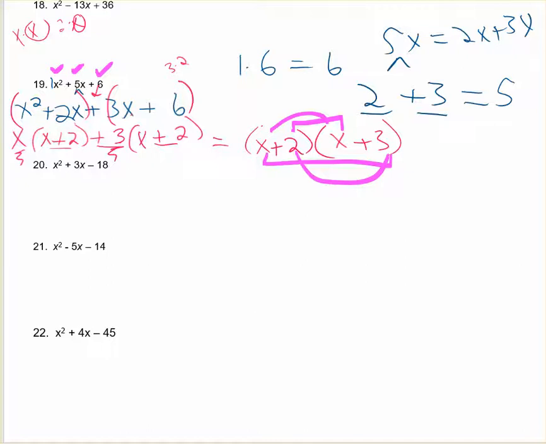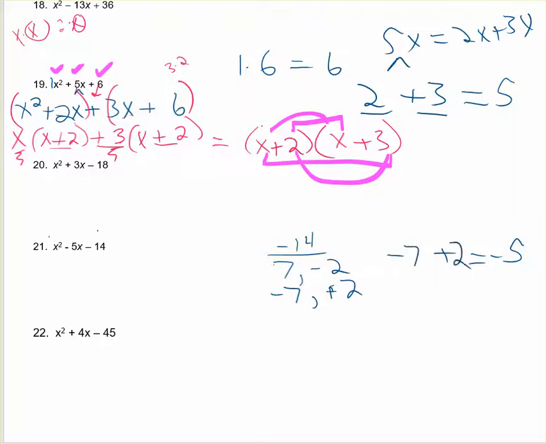All right, so the first step is to see if there's anything common that you can factor out, and there isn't. And then I take the first term times the last term, and I find the factors of that would add up to negative 5. So the factors of negative 14, 7 times 2, but one of them has to be negative. I need the 7 to be negative, because that way I would get a negative 5 when I add them.